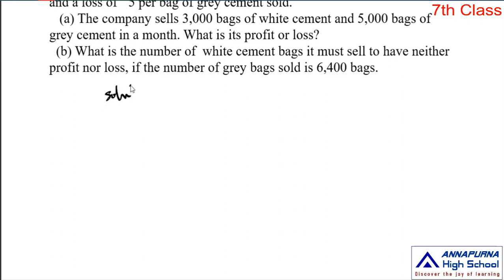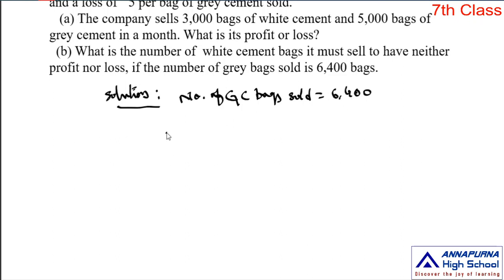This is very simple. Number of grey cement bags sold is equal to 6,400. Therefore, you just find the loss.